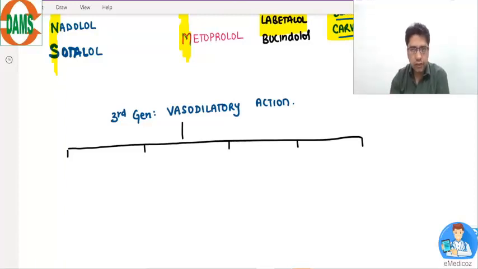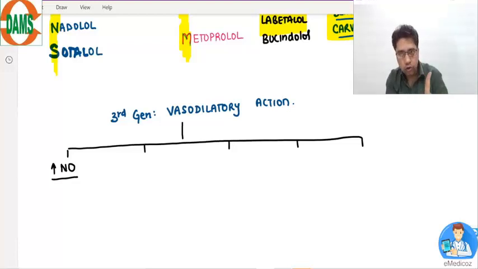First, certain beta blockers increase nitric oxide production, and you know that nitric oxide causes vasodilation.